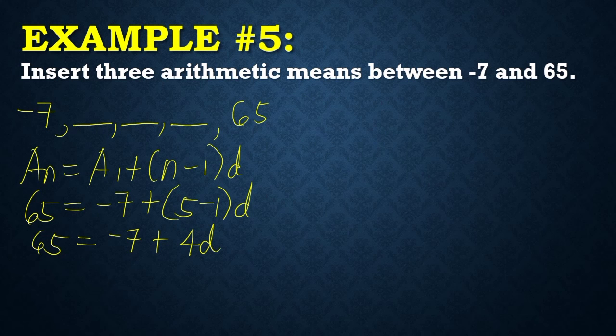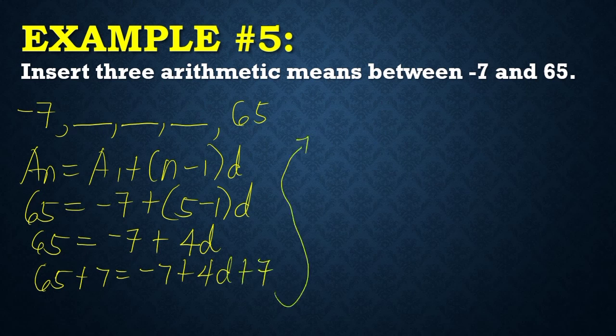Kailangan nating tanggalin dito sa right side, dalhin sa left side. So, kailangan nating mag-add naman. So, negative 7 plus 4d plus 7. Now, rewrite natin dito, what is 65 plus 7? That is 72, and then is equal to 4d.